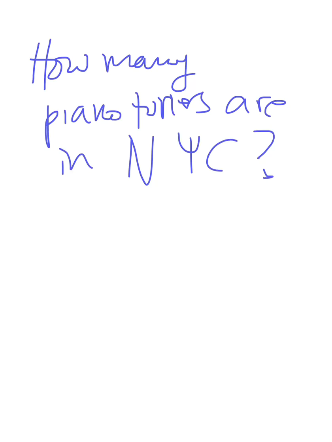Now, obviously, you could just look this up on the internet or something like that. The answer isn't really what we care about. We want to think about how we could estimate that value in a sensible way.